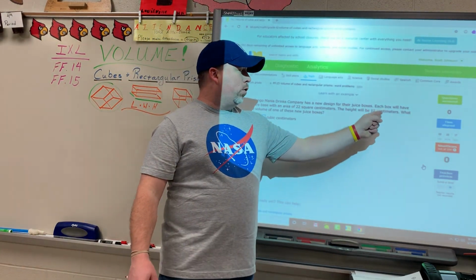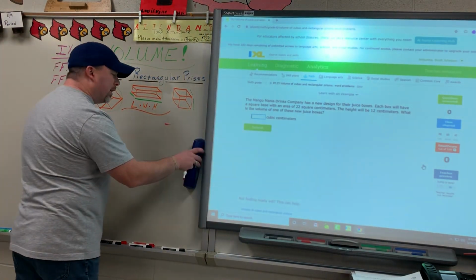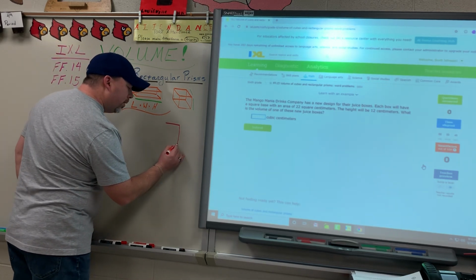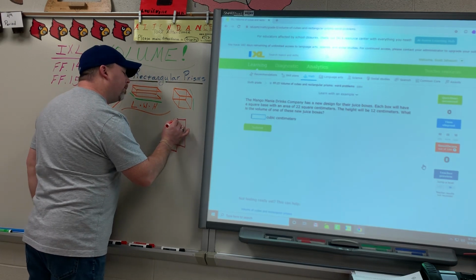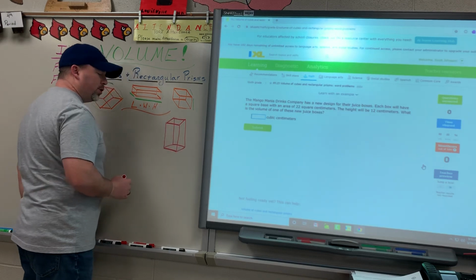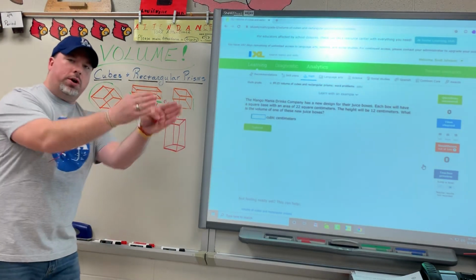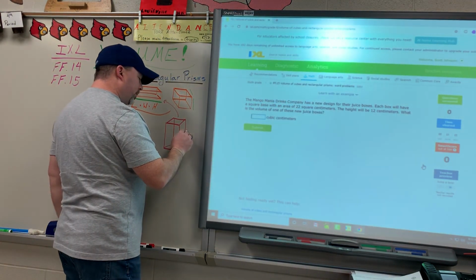The height will be 12 centimeters, okay? So if we're thinking like a juice box that we drink, right? This is going to be those, they stand up. But remember, just because I'm standing the juice box up doesn't change anything. This is still just like this. It's just turned, right? And now it has a height of 12 centimeters.